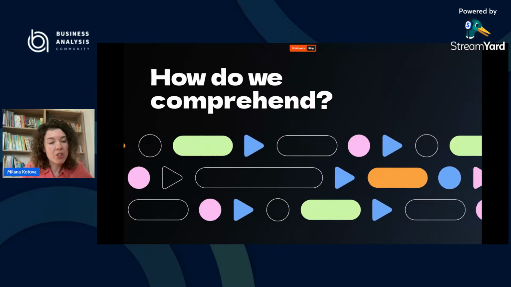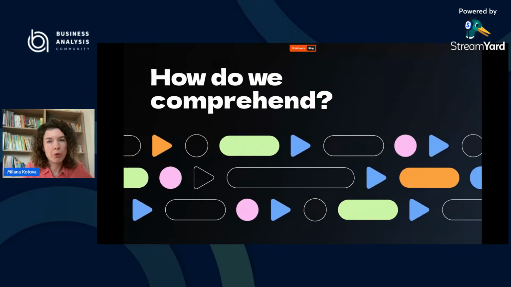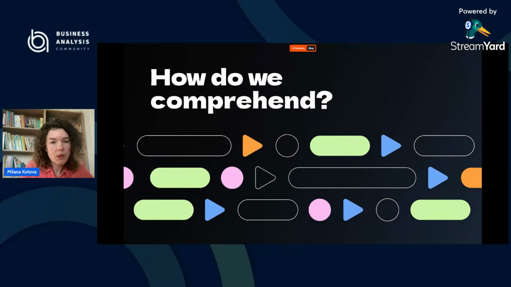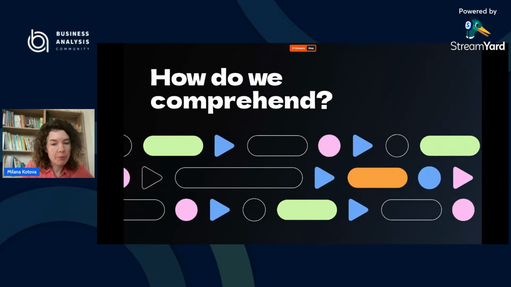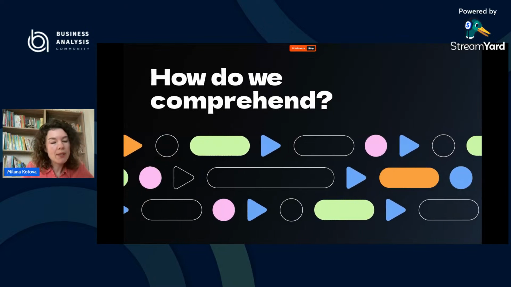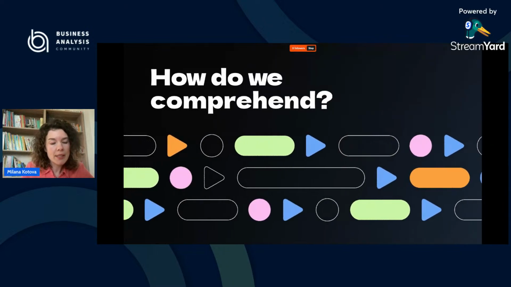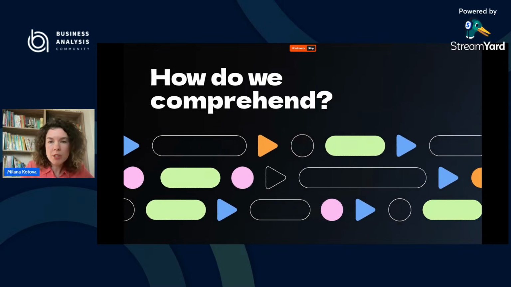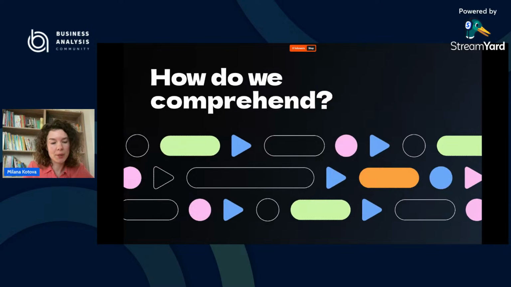By leveraging how our brain processes information visually. So, how do we comprehend? Our brains are naturally designed to consume visuals. It's one of the oldest ways we process information.